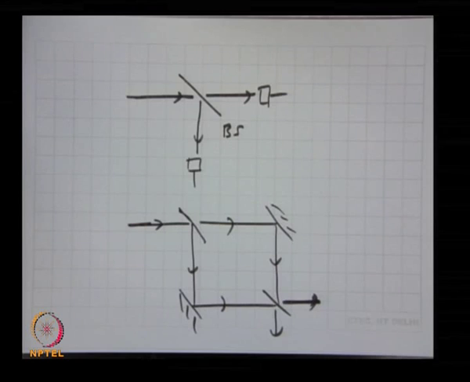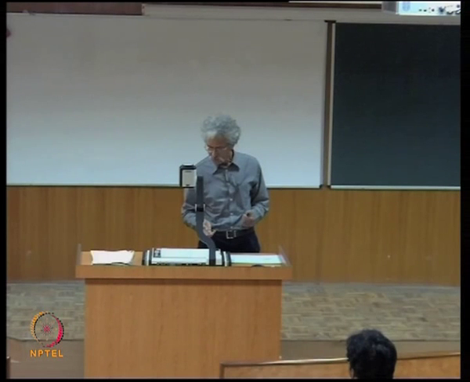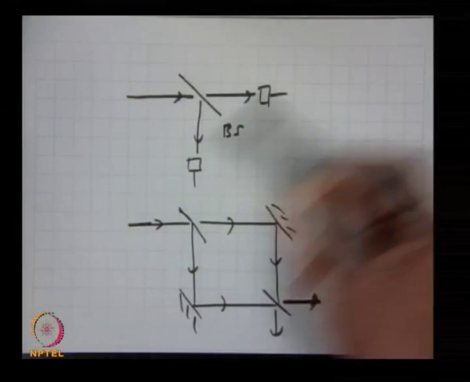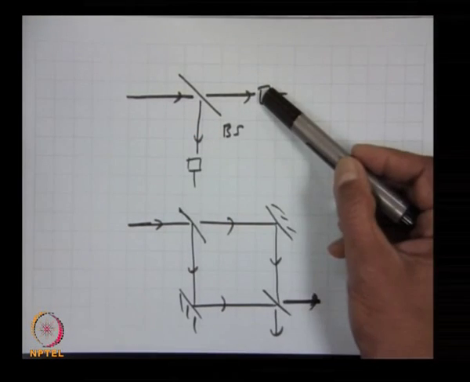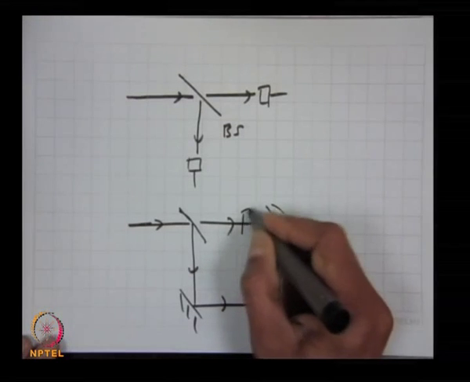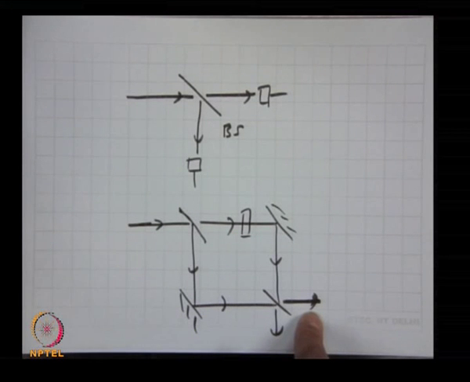The problem is conceptually understanding what exactly is happening in the system. There are a large number of experiments in which they have measured and found that there is complete anti-correlation between these 2 detectors. And in this experiment, as you change, for example, the phase of one of the arms, you can change the interference here, which is a standard classical experiment.